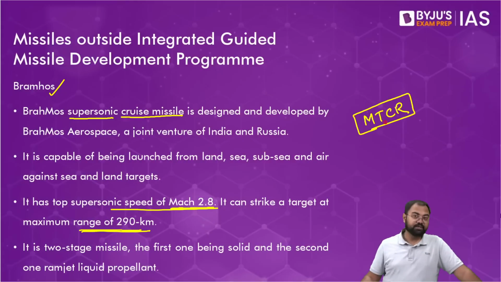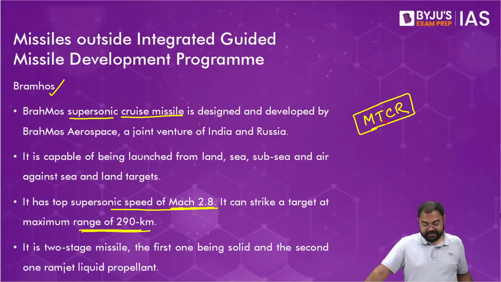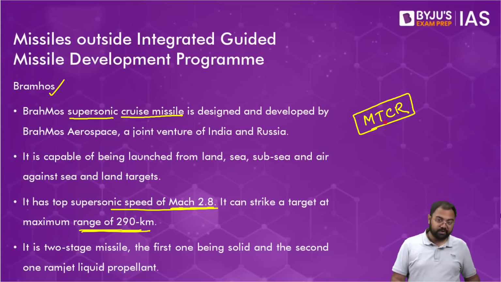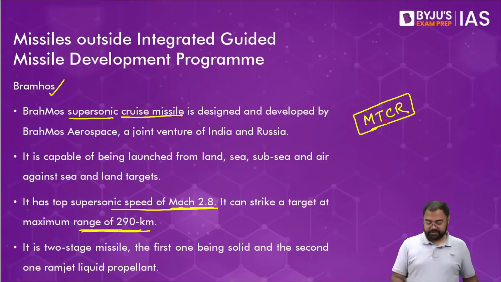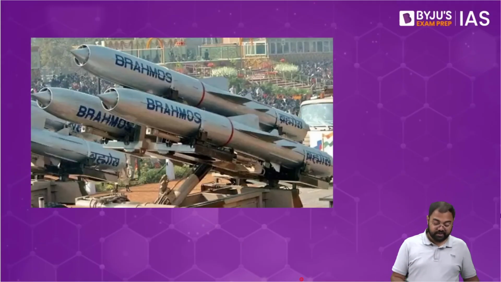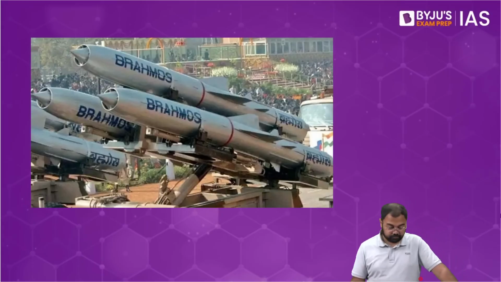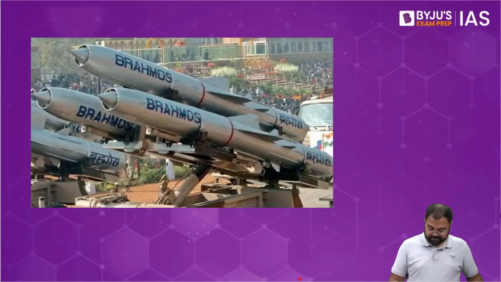So India originally was not a part of MTCR, and that is why these restrictions were put, that we couldn't go beyond this range. But then we became a part of MTCR, the Missile Technology Control Regime, and these were the BrahMos missiles that we have tested.